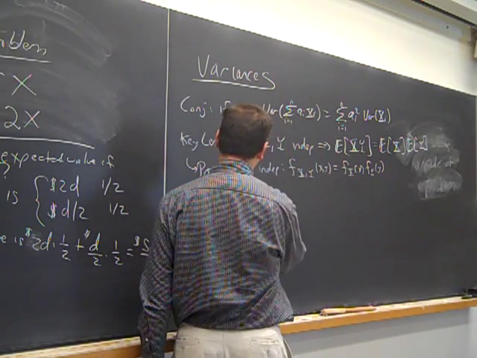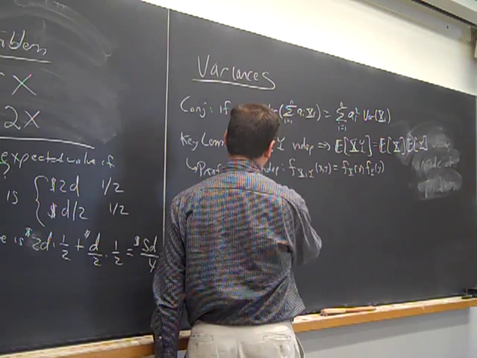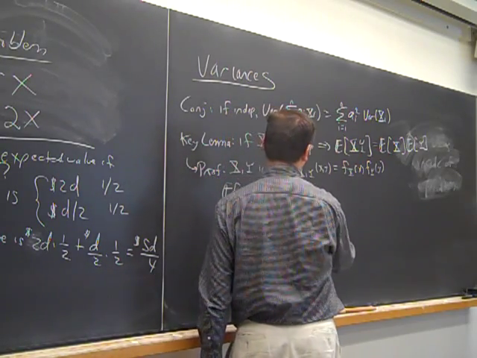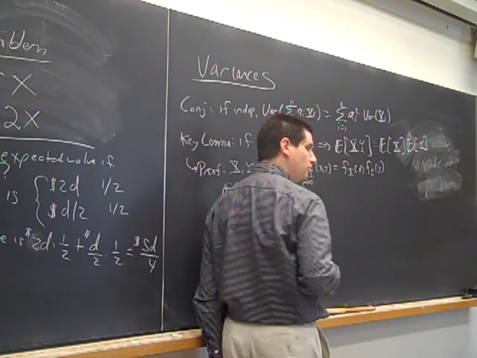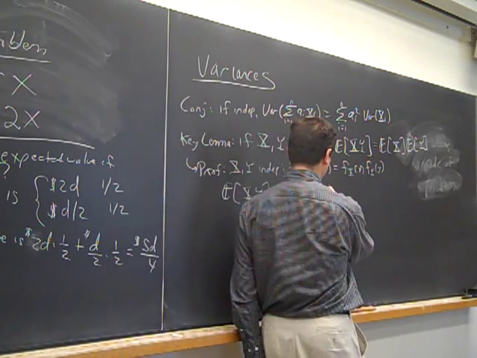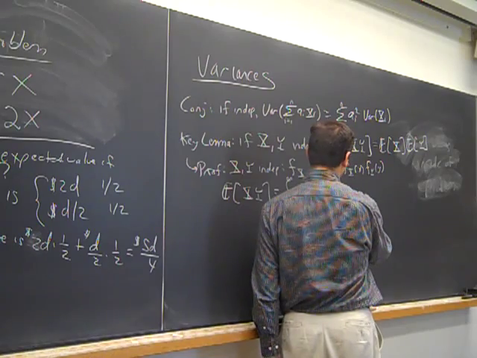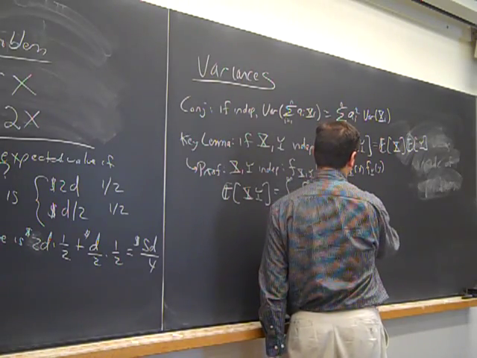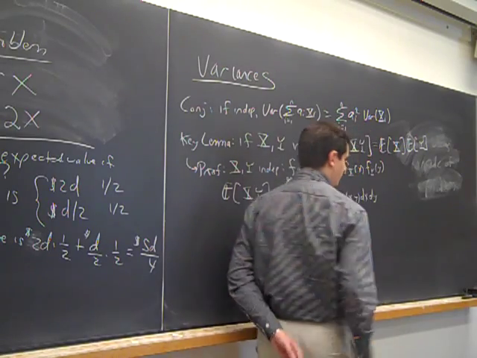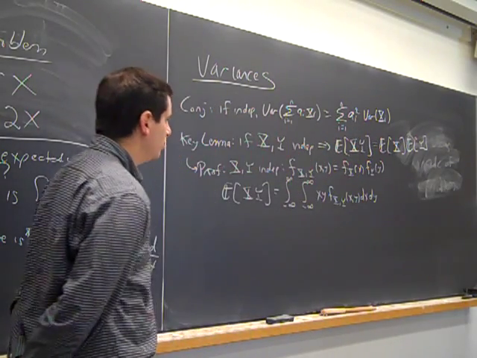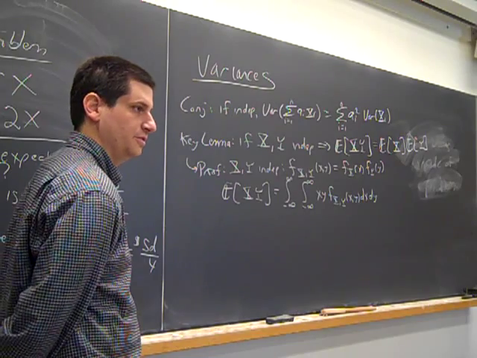So now, the expected value of xy is, I always like to do things over integrals rather than sums, I integrate over the whole space, I take the value xy, and I multiply by the probability that I got xy.